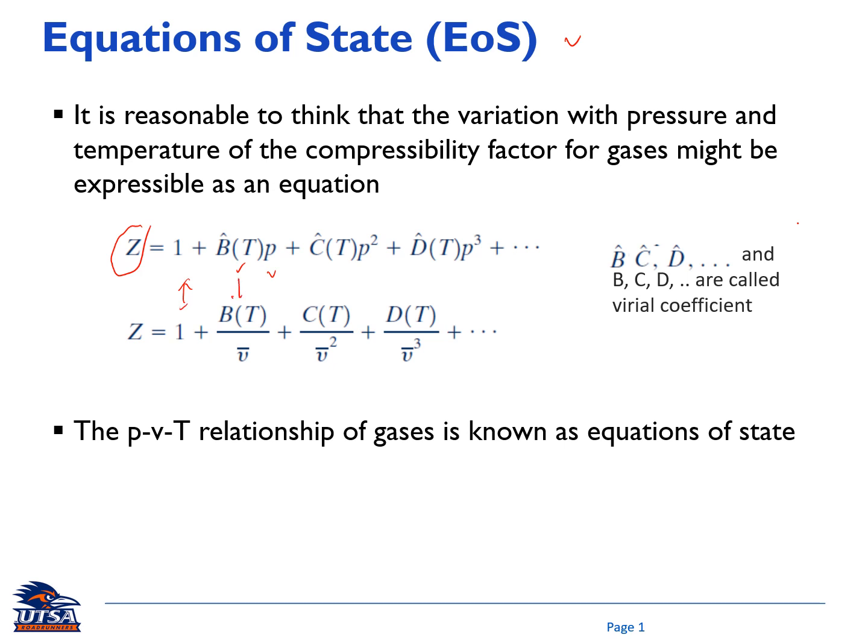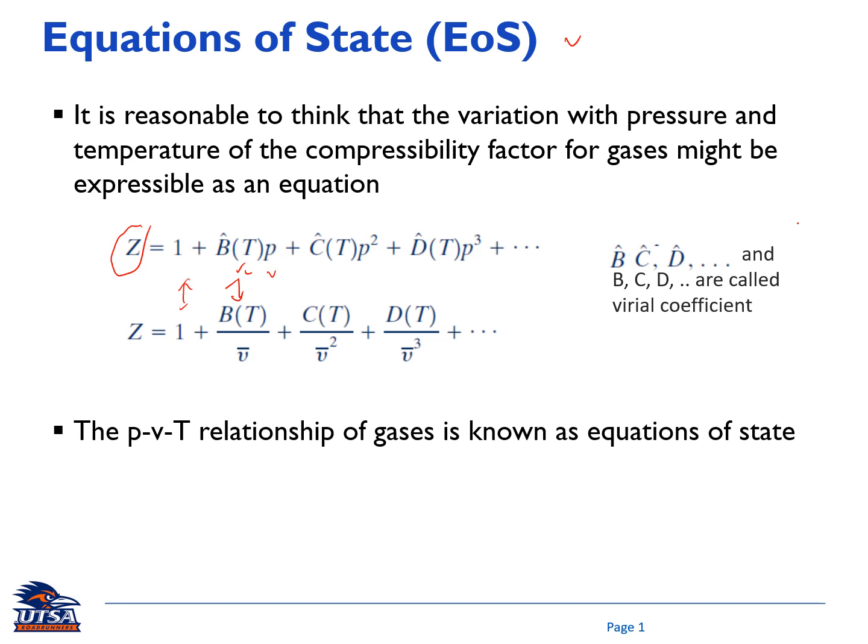In the second equation, Z equals 1 plus B, a function of temperature, divided by V. So here we substitute pressure by specific volume.